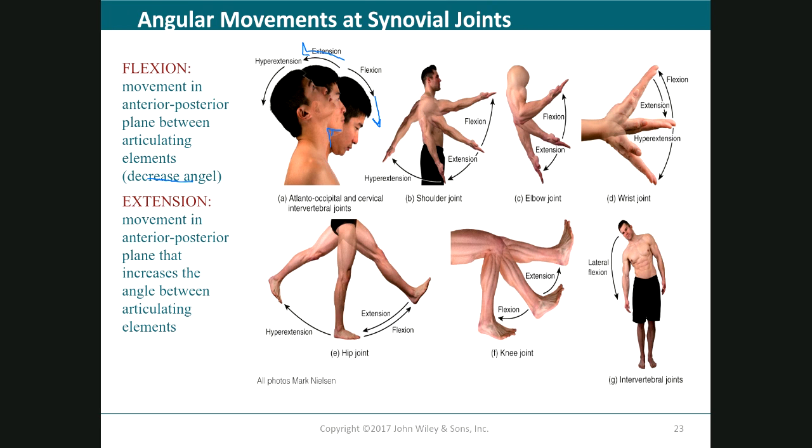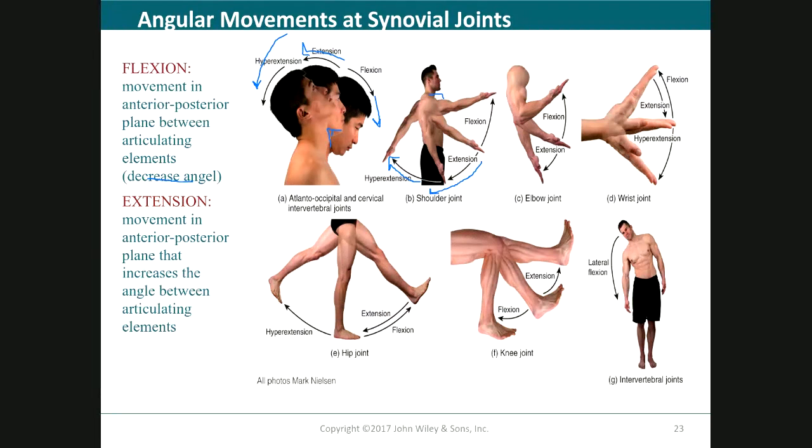Then there's hyperextension, going to normal range and then beyond that. The shoulder: flexion, we're decreasing that angle of the joint. Shoulder extension, increasing that angle, and then hyperextension is going beyond that normal.